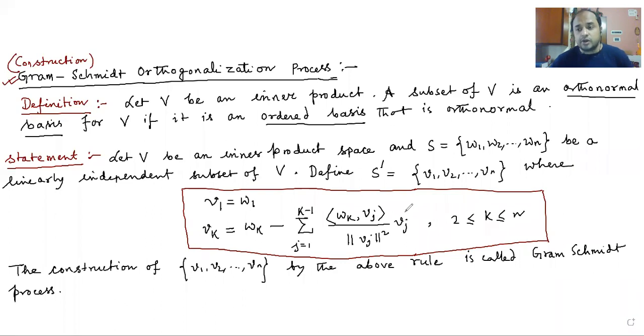Now, if you ask me what sort of MCQ type of questions can be asked from this statement, I can give you two examples. For example, I can ask: in the Gram-Schmidt orthogonalization process, when we construct vectors from a set of vectors from another set, then the set from which the construction is made is: number one, linearly independent; number two, linearly dependent; number three, can be any set, either linearly independent or linearly dependent; and number four, it has to be a basis.